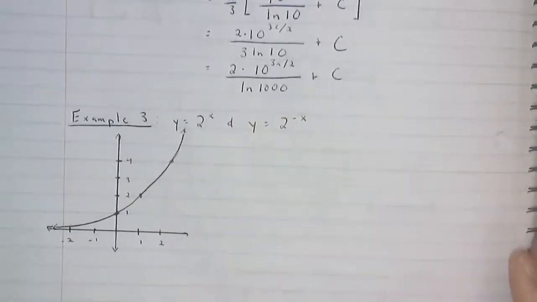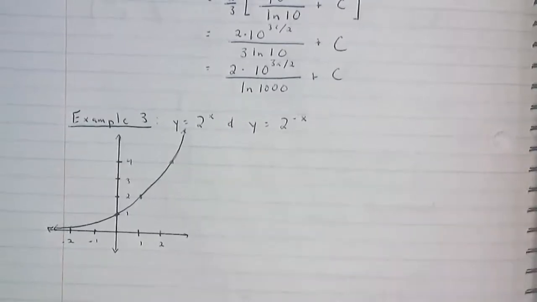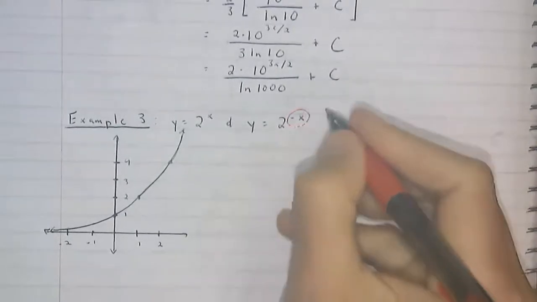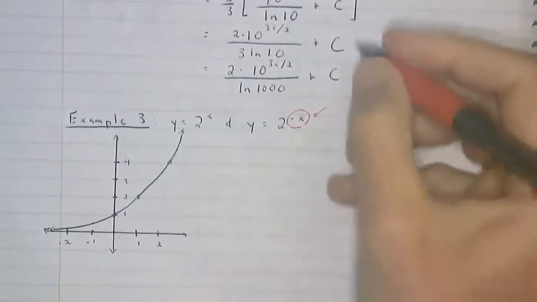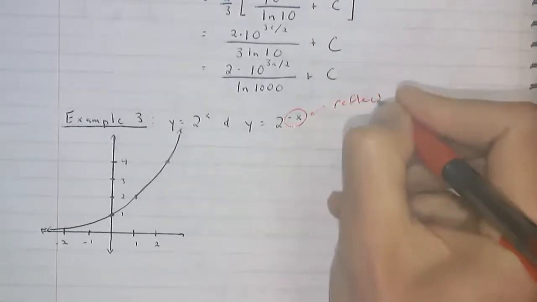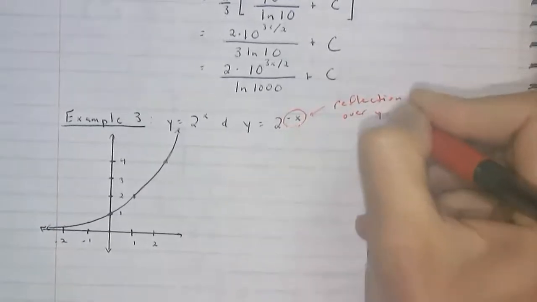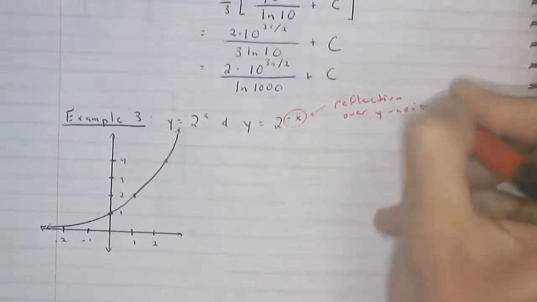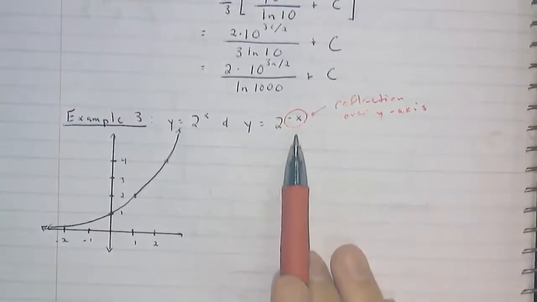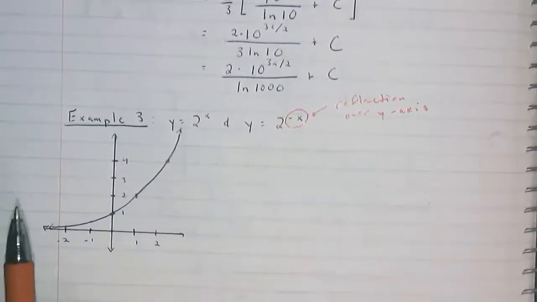We're like, okay, cool. What about 2 to the negative x? Well, this negative represents a reflection over the y-axis. We're actually doing this exact thing in geometry right now. When you make all of your x's negative, it flips it over the y-axis.